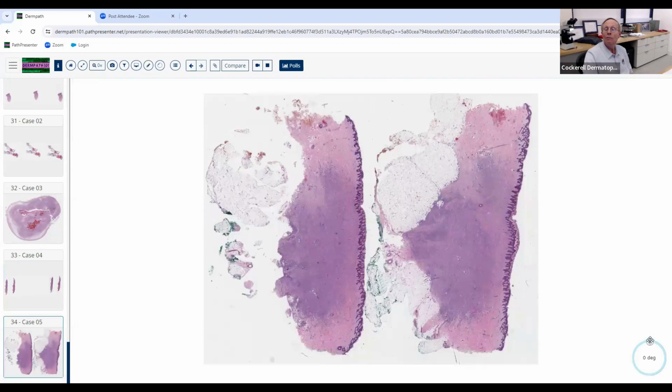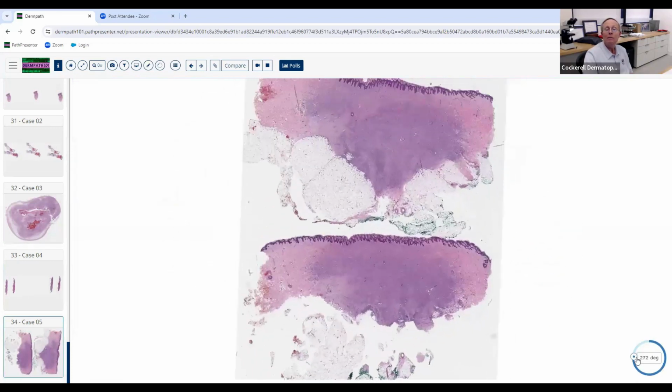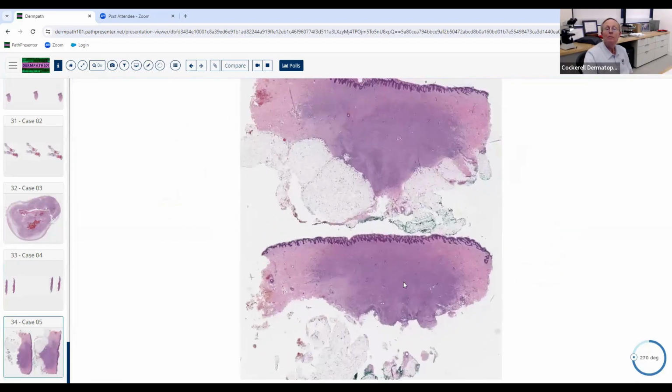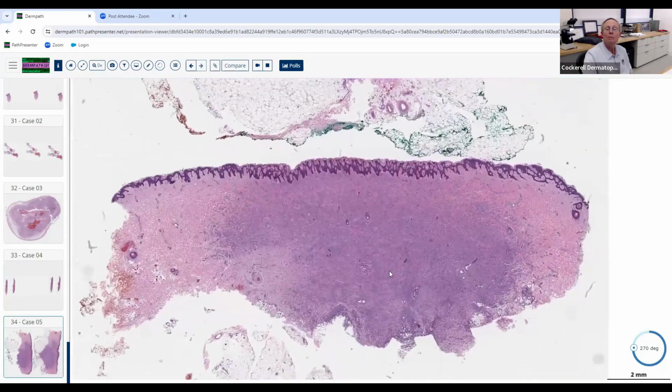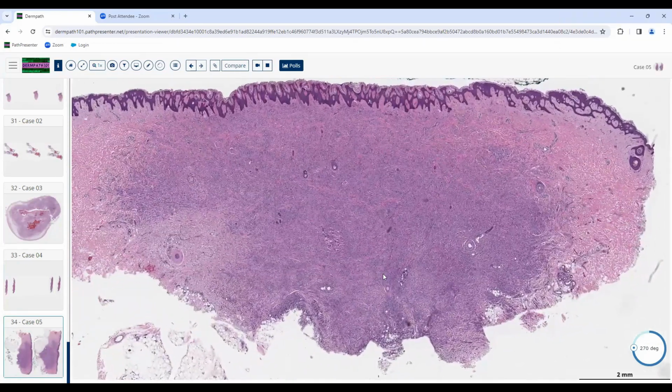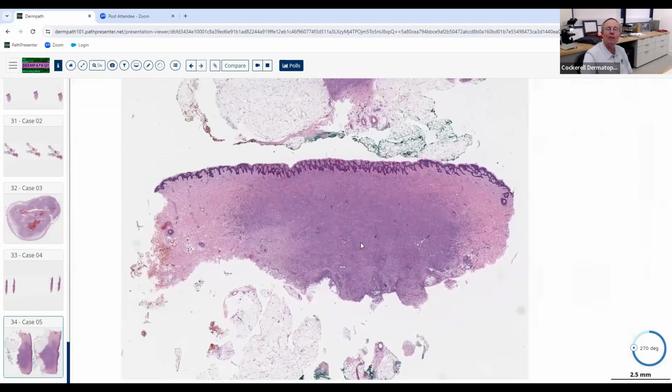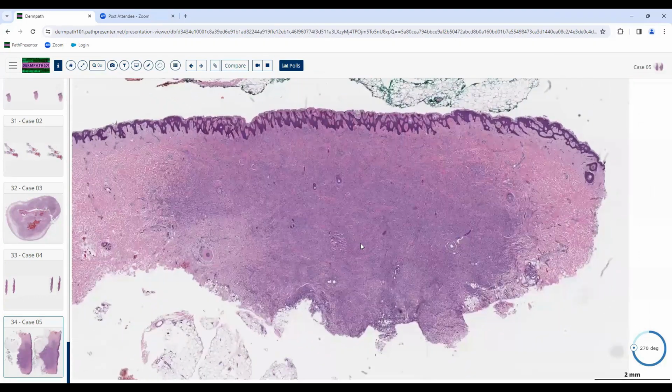Okay, last one. Again, we're looking at a shave biopsy, I think, or maybe even excisional. Excision, yes.